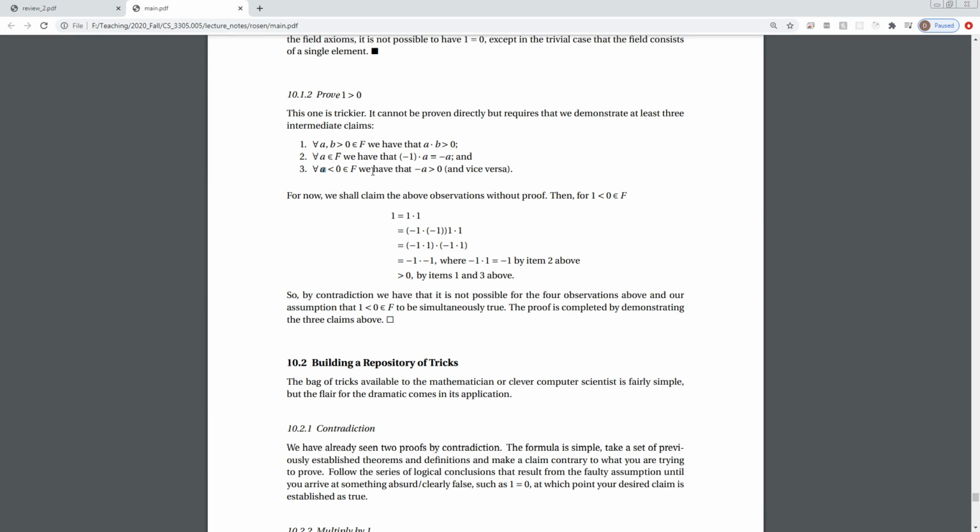So you're flipping it about the origin whenever you multiply it by -1. And vice versa. If you have something that's greater than 0, then whenever you multiply it by -1, you get something that's less than 0. That's not part of the axioms. It's just something that we're taught to memorize, and then proving it, again, can be extremely difficult.